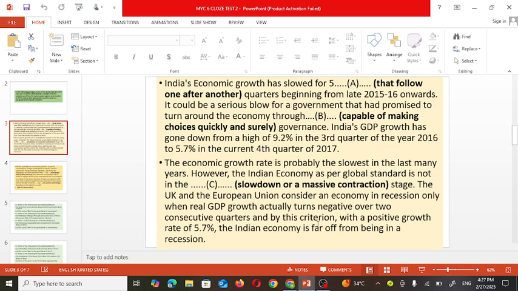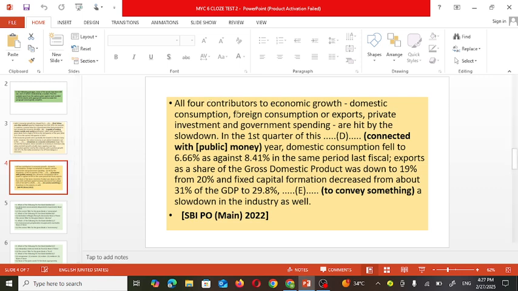And by this criterion, with a positive growth rate of 5.7%, the Indian economy is far off from being in recession. All four contributors of economic growth, that is domestic consumption, foreign consumption or exports, private investment, and government spending, are hit by the slowdown. Means all these four contributors are affected by this slowdown.